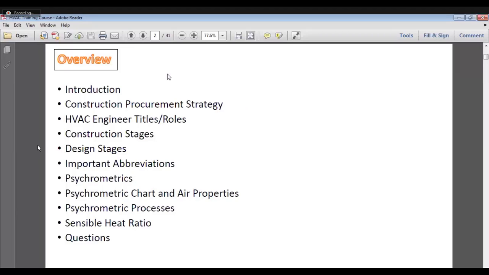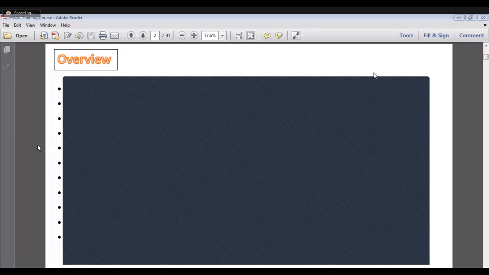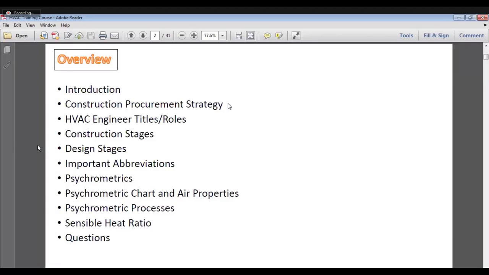So let's start with the overview of the course. We will start with the first lecture today. The first lecture includes an introduction.